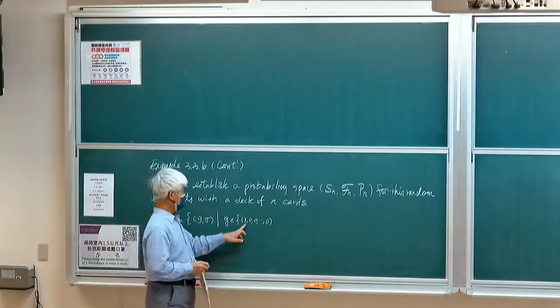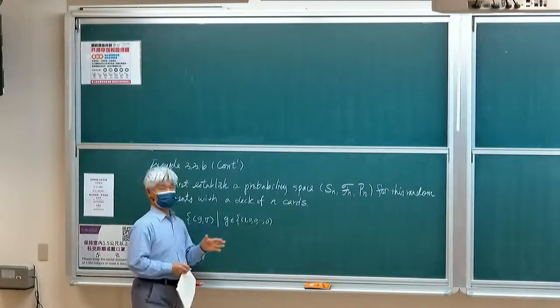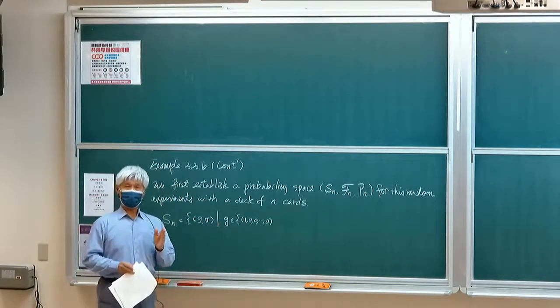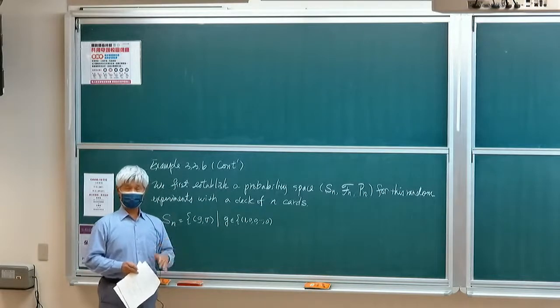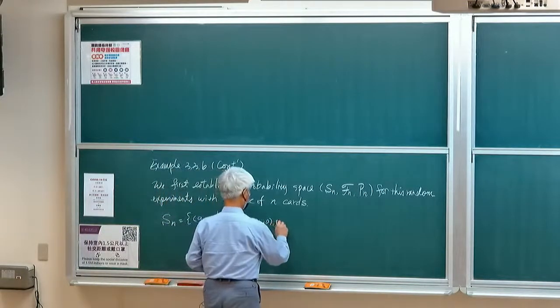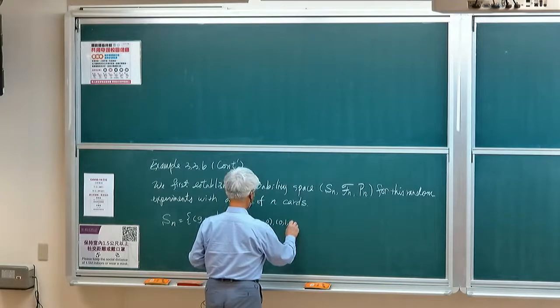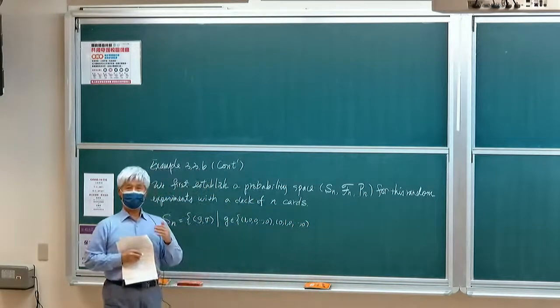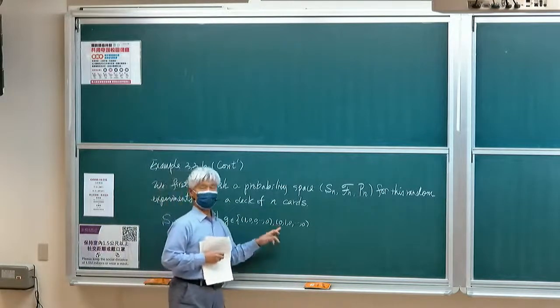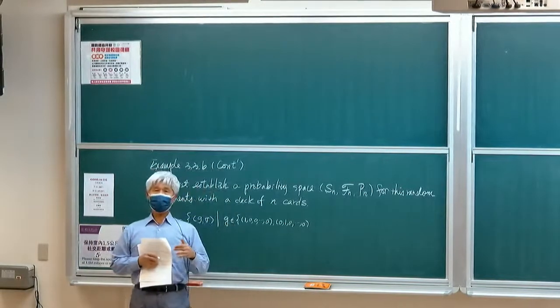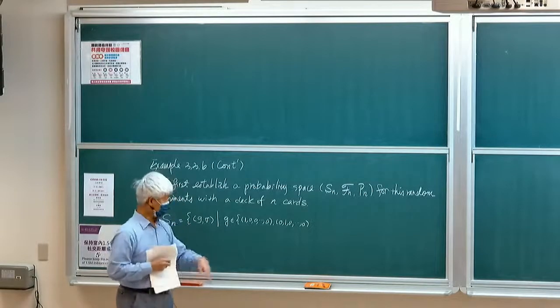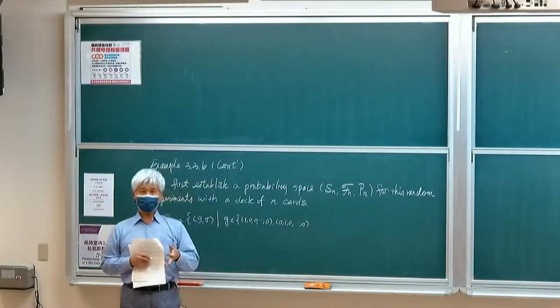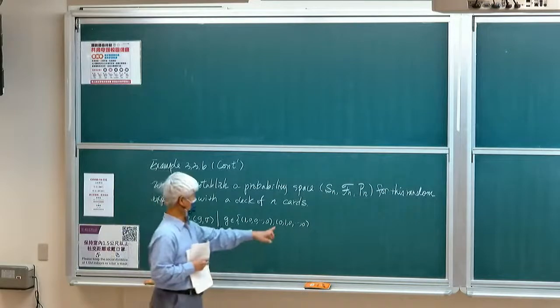So 1, 0, 0, 0 means that the player will make the guess before the first card is turned over. And the next one will be: at the first time the player does not make any guess, but at the second time the player will make the guess. So that's 0, 1, 0, 0.